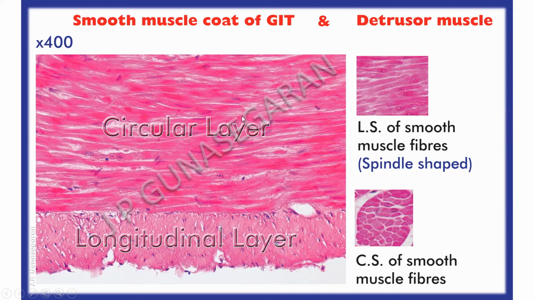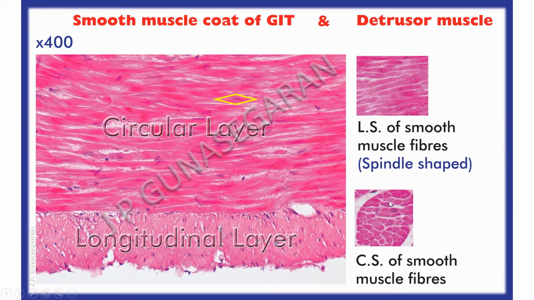If you look at these fibers, the smooth muscle fibers are cut along their long axis, where the fibers are spindle shaped with centrally placed elongated nuclei, whereas in cross section the fibers are cut in different planes.